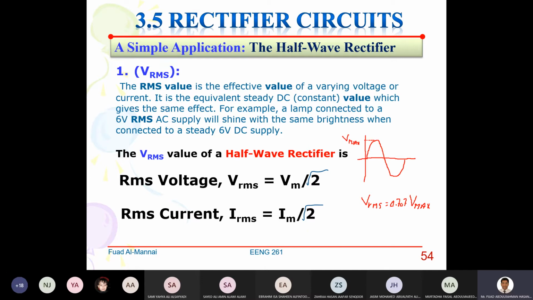VRMS is equal to 0.707 Vmax. It's the same thing. If you want to calculate Vmax, you divide VRMS by 0.707, and that will give you Vmax.